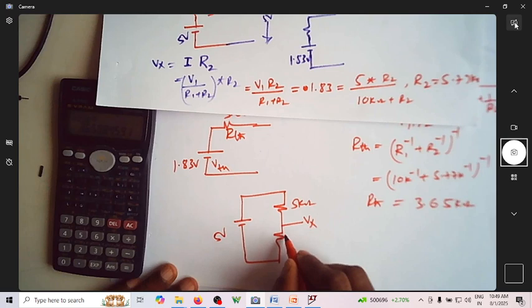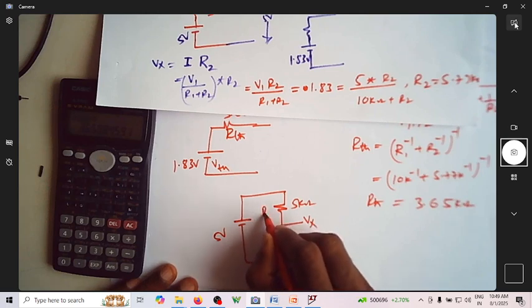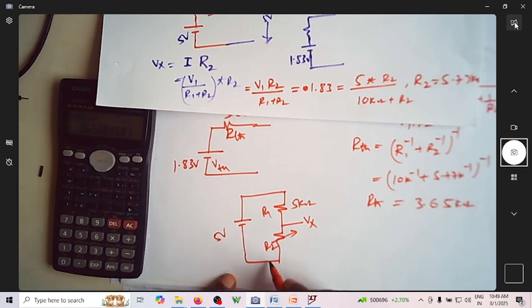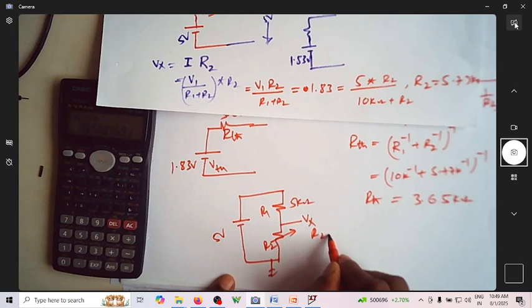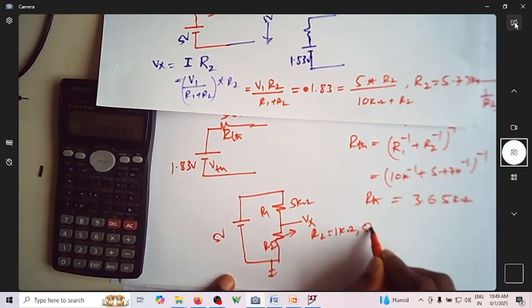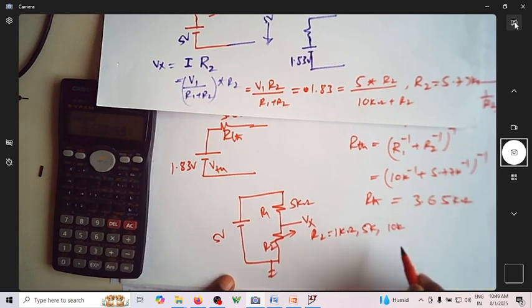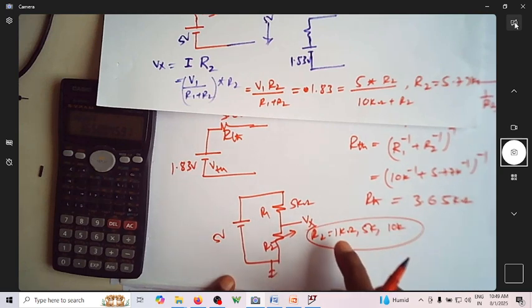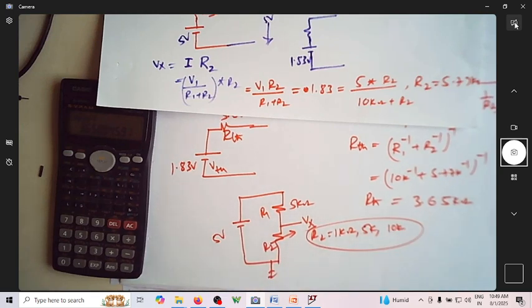I want to find the value of Vx for different values of R2, let us say. When R2 is equal to 1k, what is the value? When it is 5k, what is the value? When it is 10k, what is the value? So I want to know the values of Vx at three different values of R2.